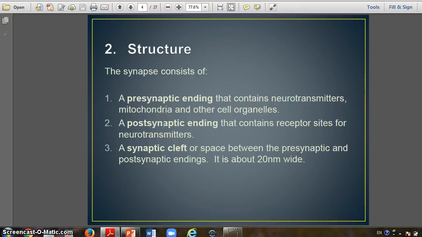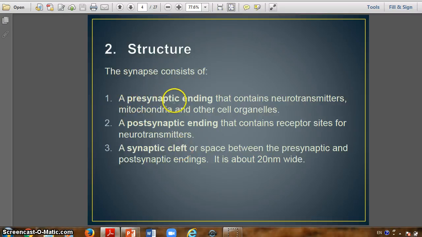As you know, presynaptic is the place which sends information, and the postsynaptic neuron is the cell which receives the information. So the synapse is made up of a presynaptic ending, a postsynaptic ending, and there is a space between these two that is termed the synaptic cleft.